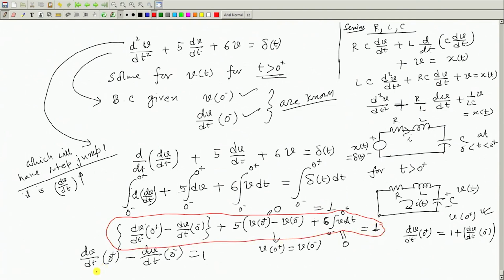So, from this equation dV dt at 0 plus is known. Therefore, now I have a problem where there is no excitation and the initial conditions are known.